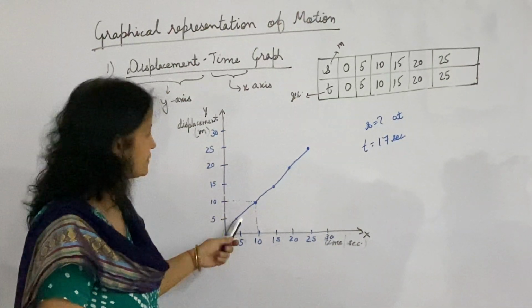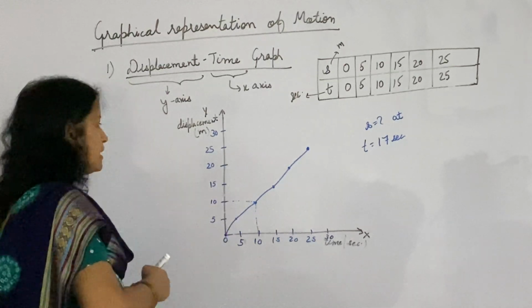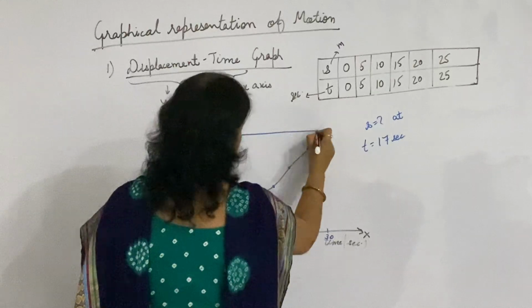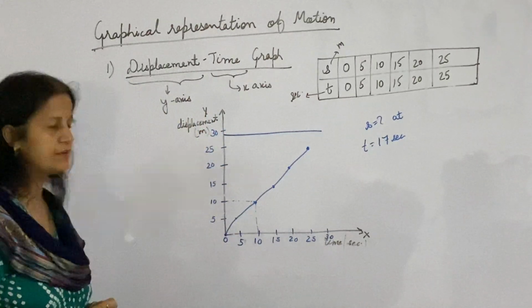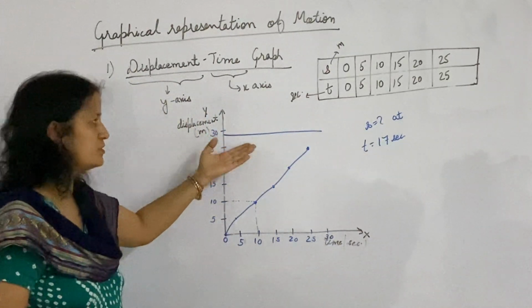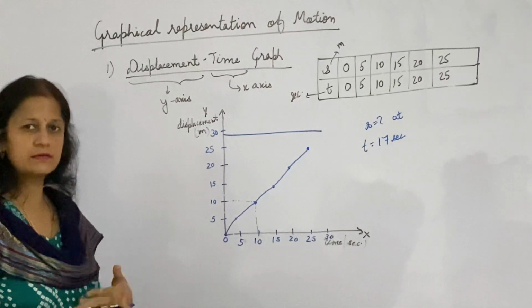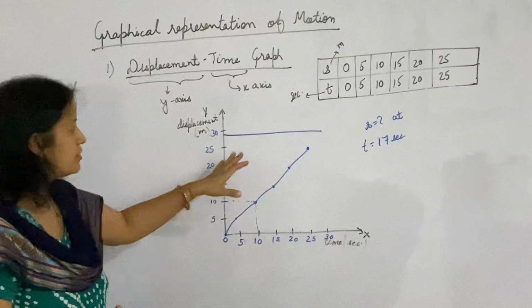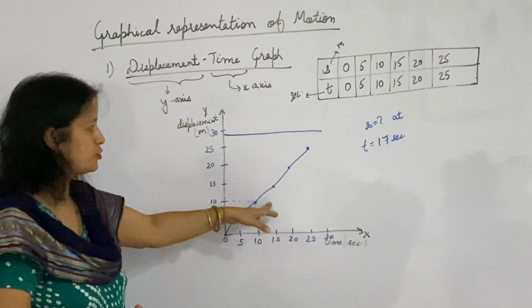If for some value the graph comes out to be a straight line, then we can find out whether the object is at rest or not. This we can get to know when we do a lot of practice over it, whether the object is in rest position or in motion position.